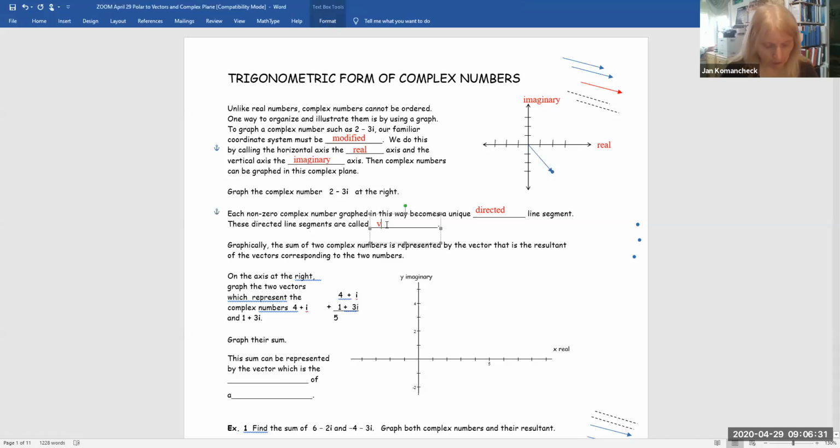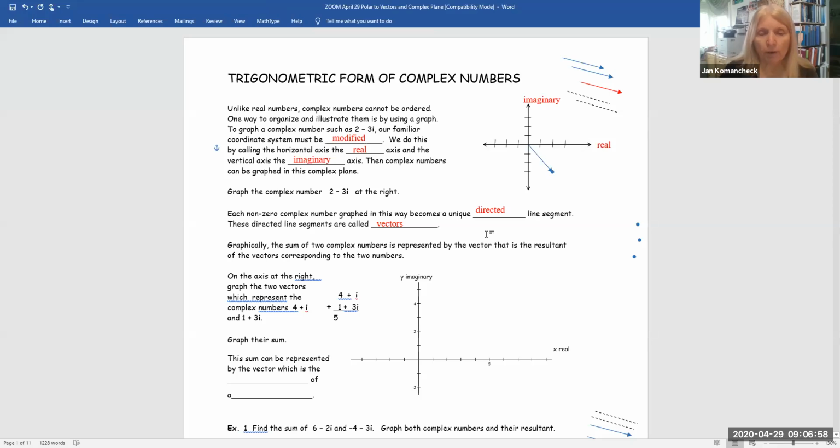It's called a vector. Maybe you've heard of vectors before. Maybe you haven't, but a vector has magnitude and direction. So in this case, to get to that complex number, I go 2 to the right, I go 3 down, and this is my complex number, also known as a vector.